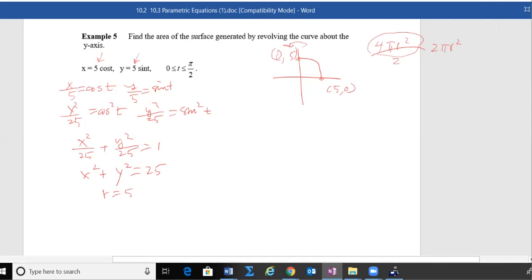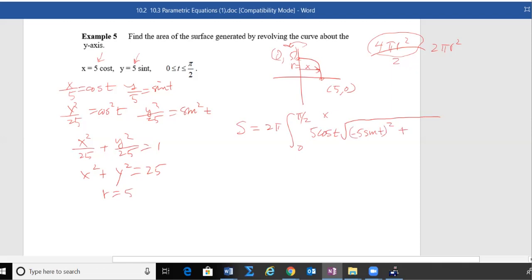So we'll start off with 2 pi, integral from 0 to pi over 2. We want the radius, which will be x, which is 5 cosine t. That's the distance in here, which is our r value. R equals x. Then you want the square root. Now the derivatives. We got a minus 5 sine t squared.